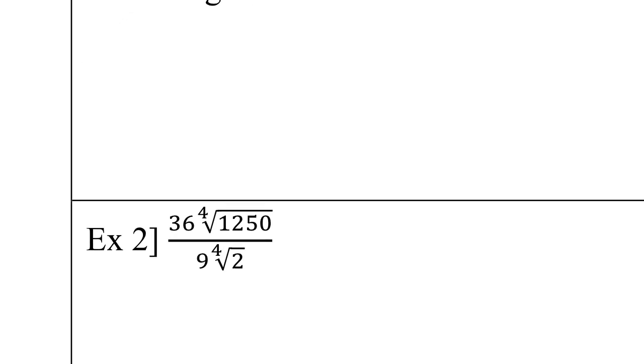Let's try one more. This also works with fourth roots. So because I have a fourth root on the top and the bottom of my fraction, I can use my division property. Because again, 1,250 is going to be a little crazy to try to simplify. So let's use our property. So we're going to divide the coefficients, and we're going to divide the radicands.